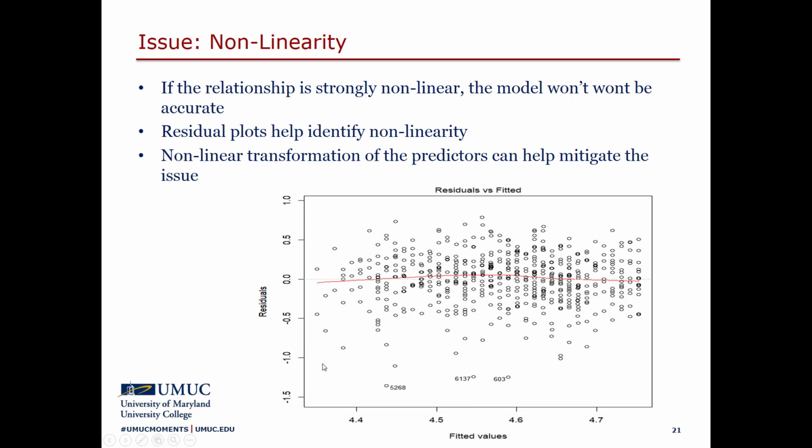So if there is no linearity, then you will see some pattern here. But here, for the most part, the red line is kind of flat and the points are randomly scattered around this line. That means the linearity assumption we made is good, so there is no overly non-linear term. It's not a perfect line, but close enough that linear regression can be useful here.